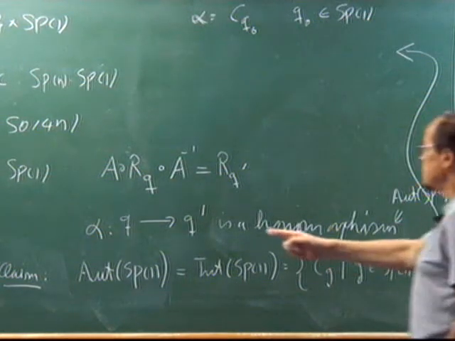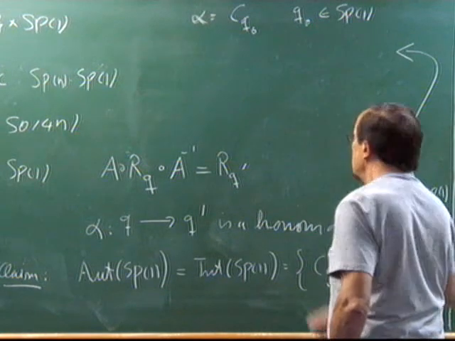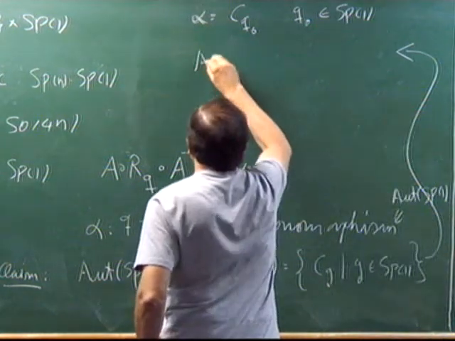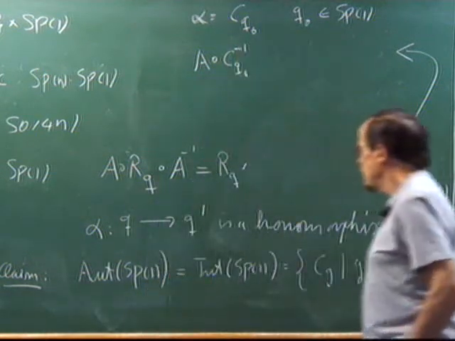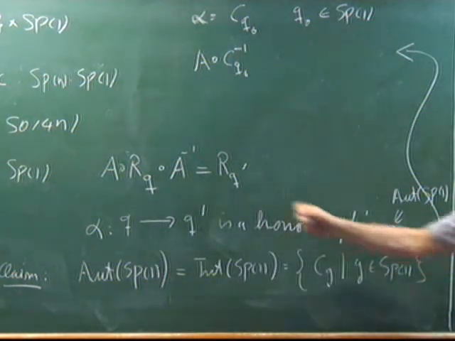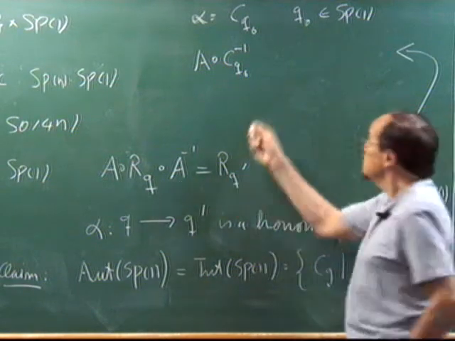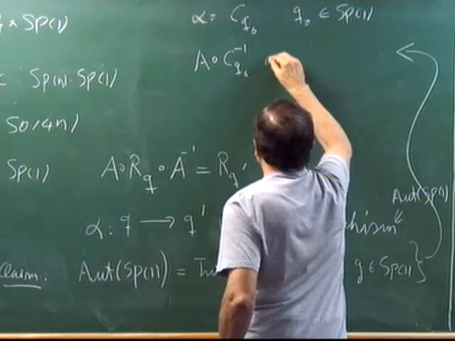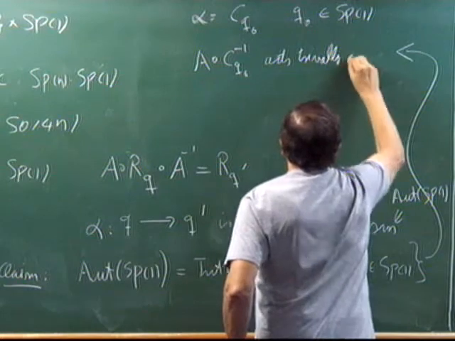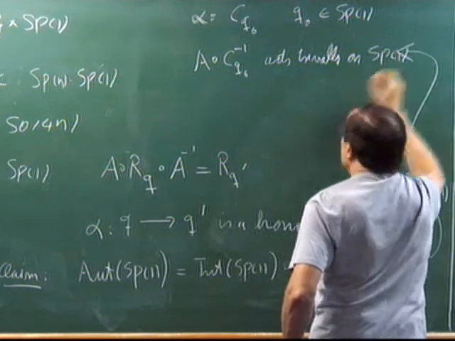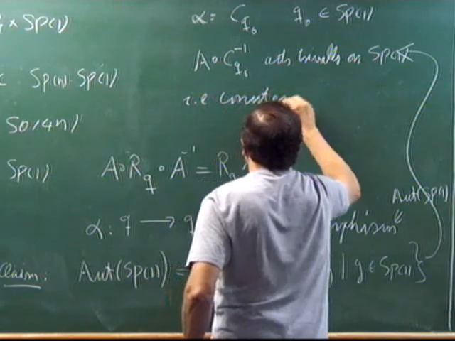It means that if I compose A with C_{q_0} inverse, in other words, I undo whatever A does on the Sp(1) factor by this conjugation, this acts trivially on Sp(1). I commute with Sp(1).